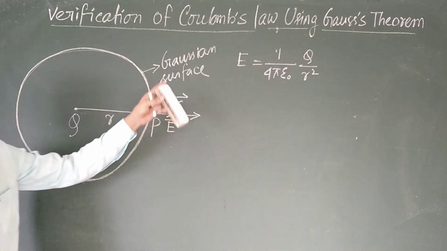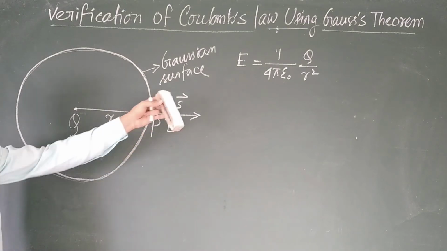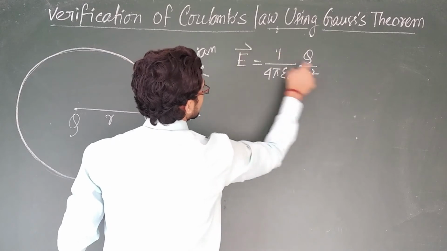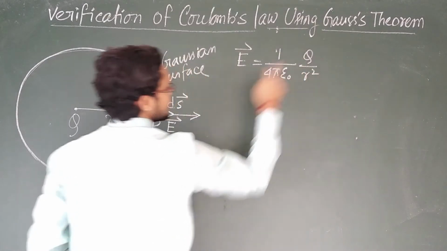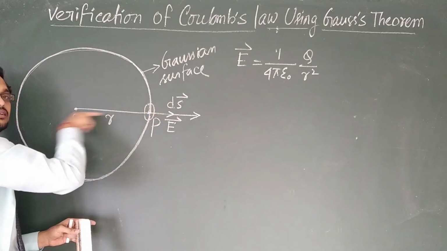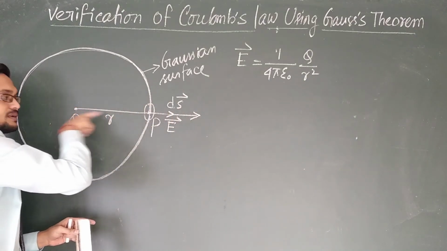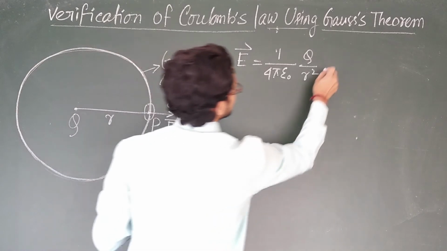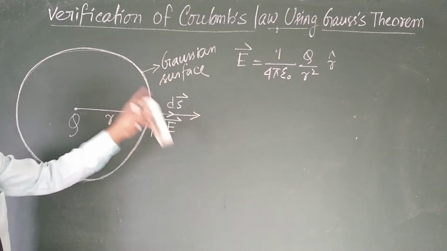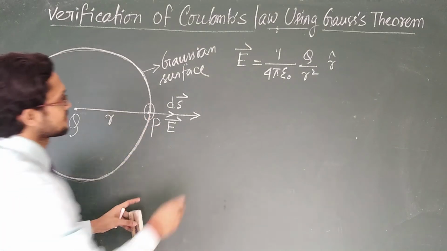This is the magnitude. If we want to write it in vector form, there will be a unit vector in the direction of the radius vector r, so it will be r cap. This is the electric field intensity at point P.